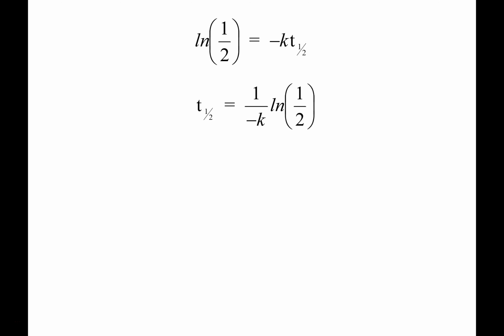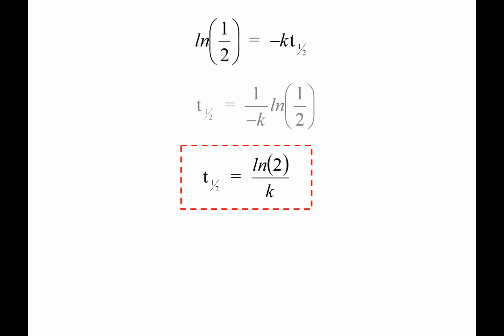So I absorb that negative sign into the natural log of the inverse of 2 basically by making that the natural log of 2. Ugh. Logs. I don't know if you follow that, but it's a log. So this is first order.